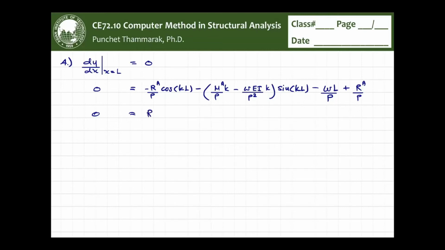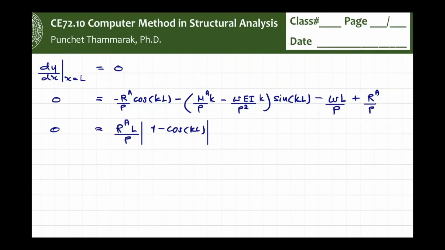We have the RAL over P times (1 minus cosine KL). And that's the RA, and M minus MA over P multiplied by KL sine KL.